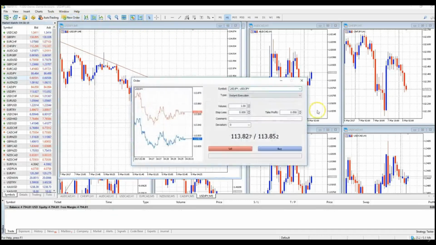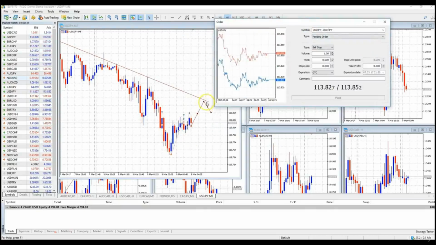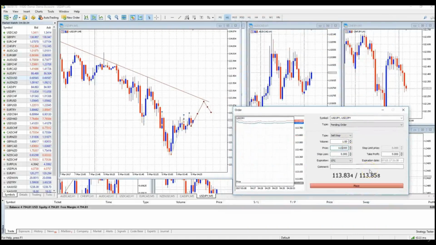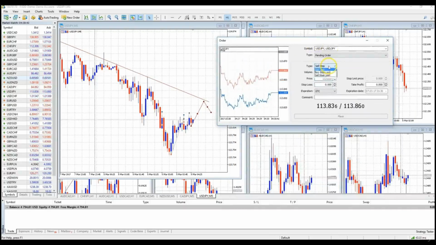If I were to put in, say, a sell stop at that level, the system won't let me. So I'll just show you that example. If I were to put in at 113.88, see, it won't let me put in that order at that level. It's because it needs to be a sell limit.